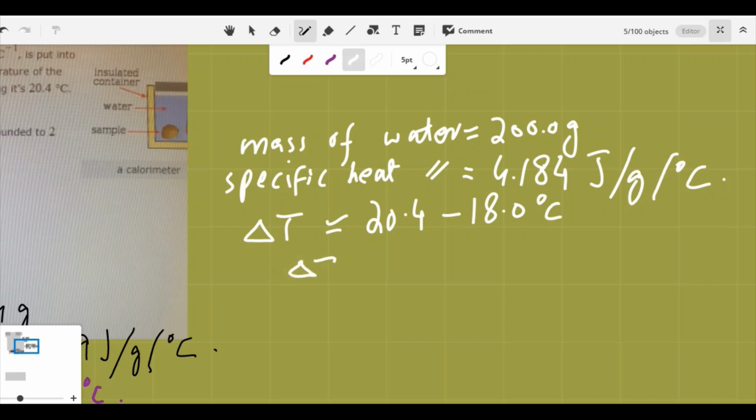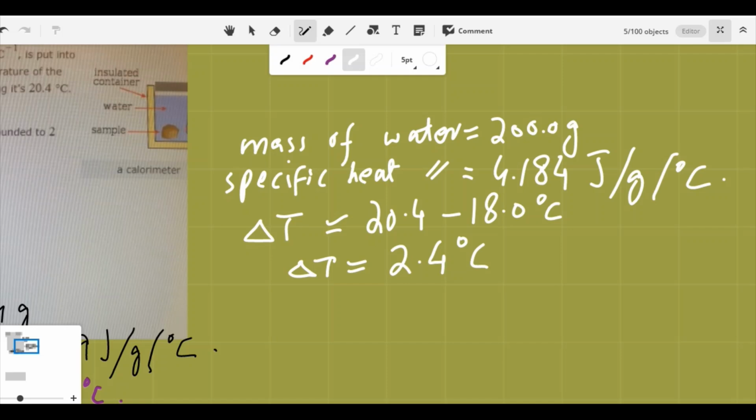So the change in temperature, let me find it: 20.4 minus 18.0 equals 2.4 degrees Celsius.